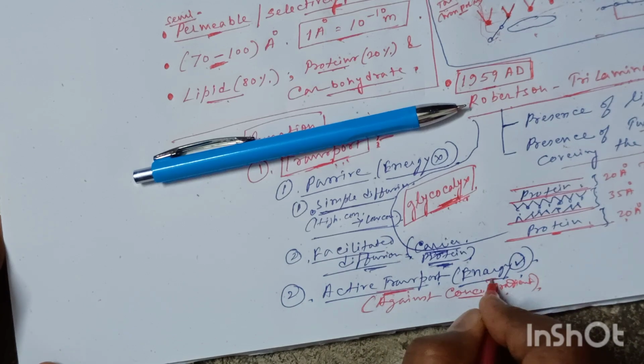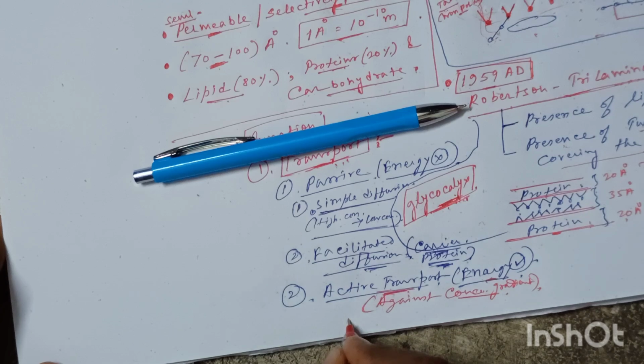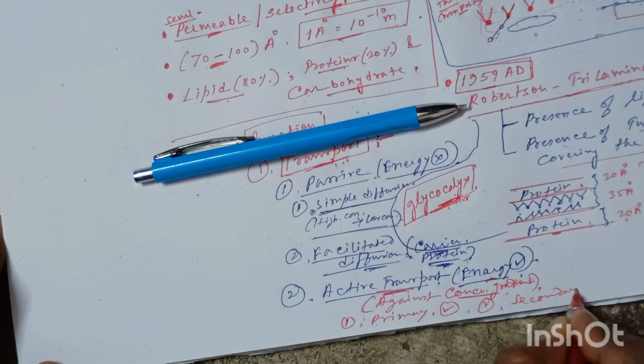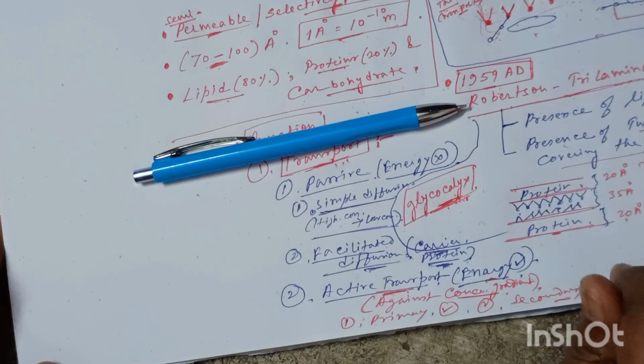So here energy is required, and it also happens in two forms. One is primary active transport, where direct energy consumption is required, and two is secondary active transport, where indirect energy consumption is required.